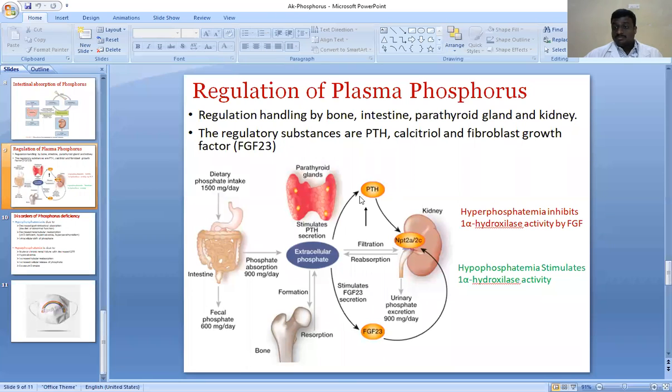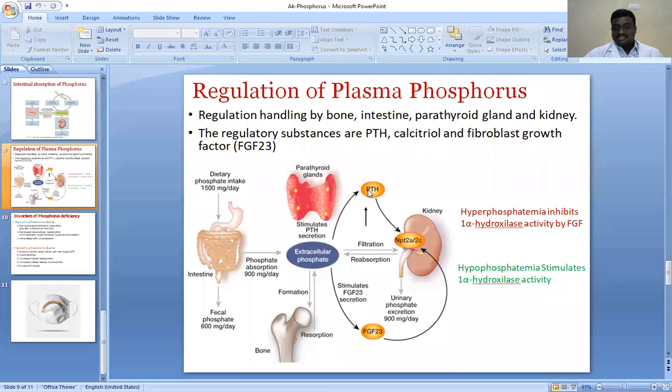Another function of parathyroid hormone is increasing calcium reabsorption. So in hyperparathyroidism, when parathyroid hormone is increased above the normal range, it produces hypophosphatemia and hypercalcemia: more calcium reabsorption and more phosphate excretion. That is the action on the kidney.